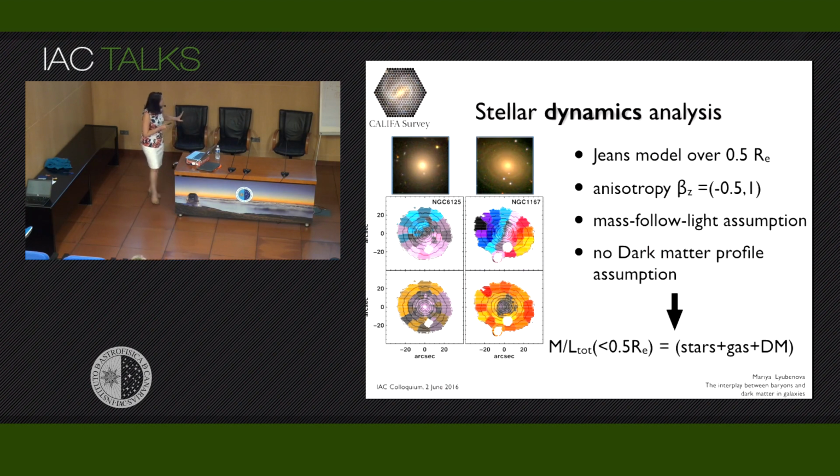A brief recap of the stellar dynamical analysis. We perform a Jeans dynamical model exactly in the same way as I described before, but on only elliptical galaxies. And here this model is constrained even more centrally, so only the half RE. So in this plot, the RE of these galaxies is around this outer isophote in both of them.